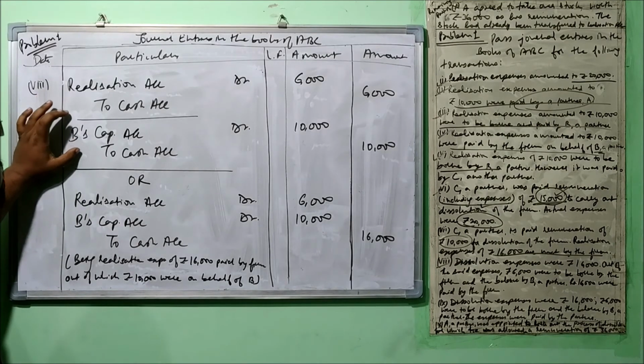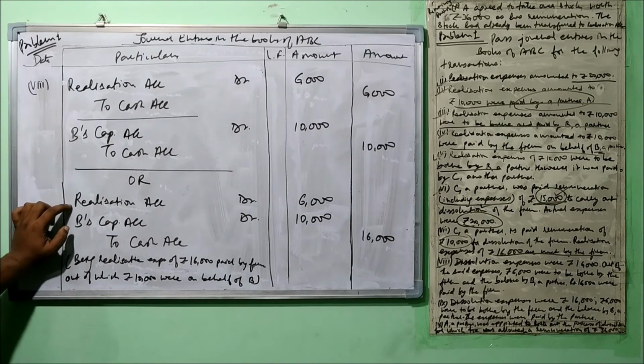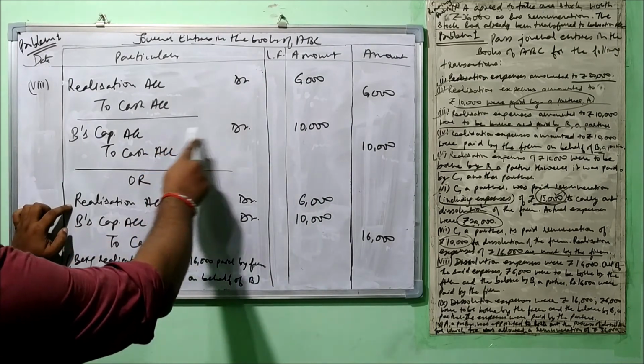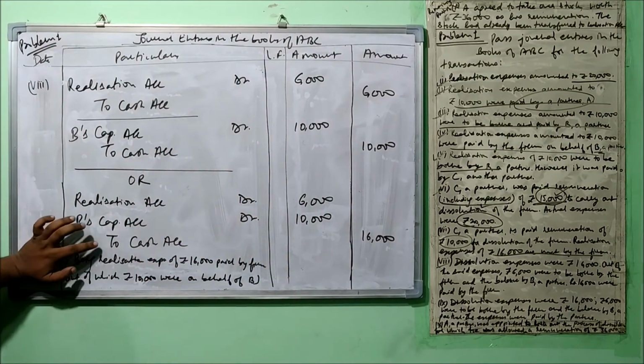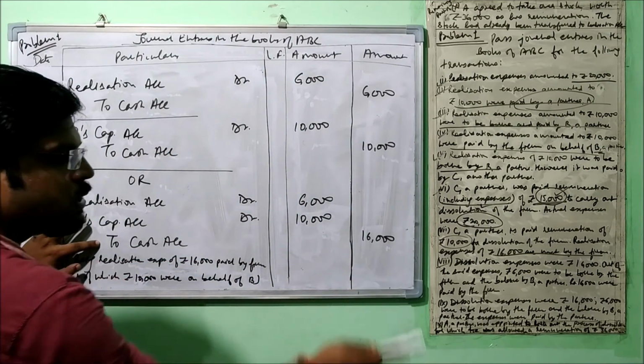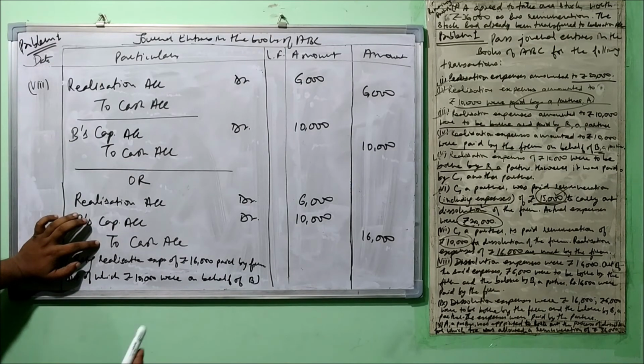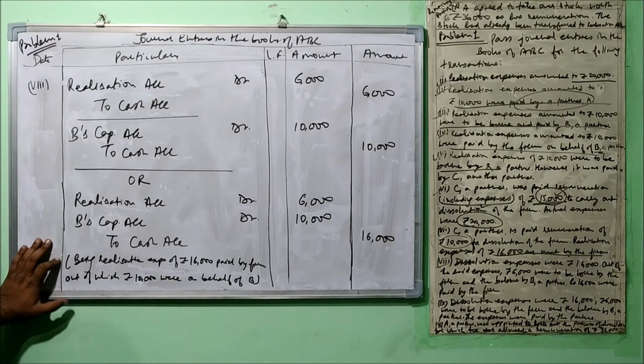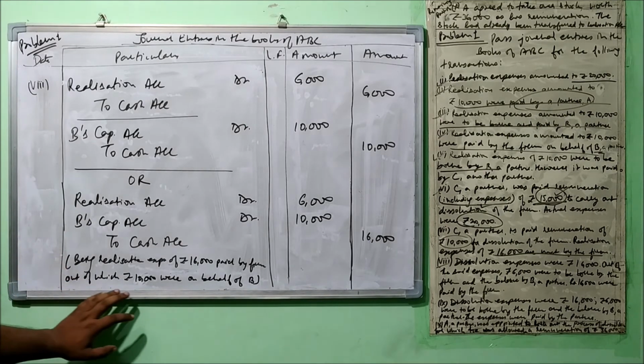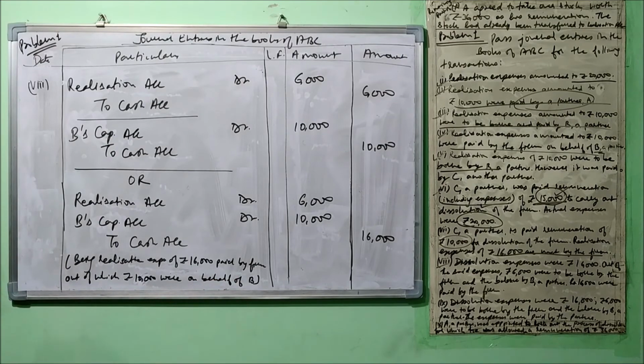Either we pass these two entries or we can pass a single compound entry. Realization account debit would be 6,000. B's capital account debit would be 10,000. To cash account 16,000, because from the firm's pocket total 16,000 was paid. We'll write the narration here: realization expenses 16,000 paid by the firm, out of which rupees 10,000 were on behalf of B.